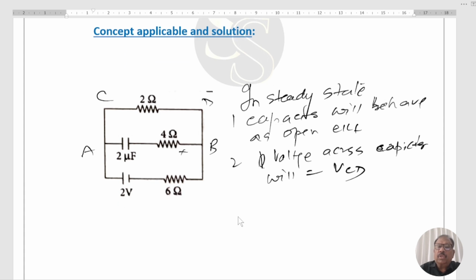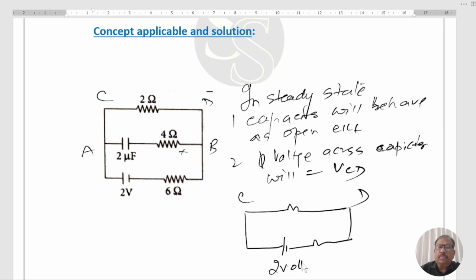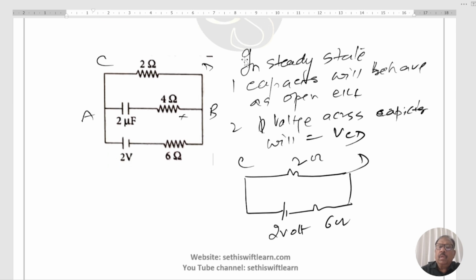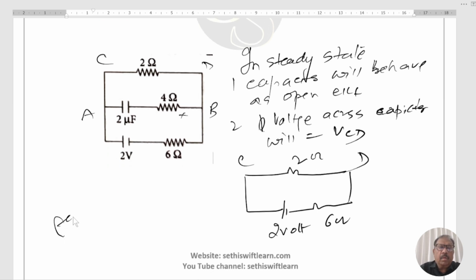Right? Now the circuit reduces to this one. This is CD. This is 2 volt, 6 ohm, 2 ohm. According to Ohm's law, the current drawn from the circuit will be equal to the applied EMF 2 volt divided by 2 plus 6.